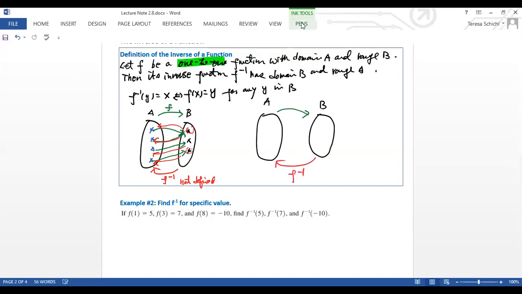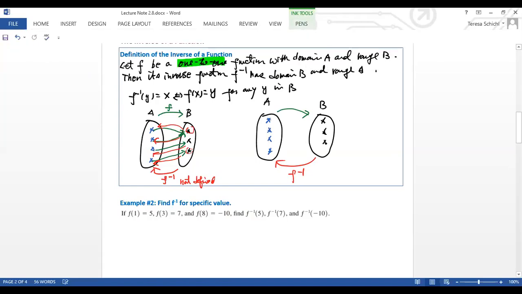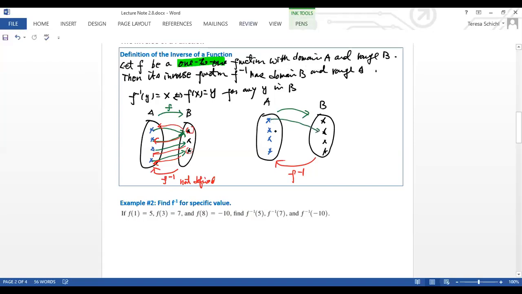Okay, so now let's take a look at this relation. If I have 1, 2, 3, 4 here and 1, 2, 3, 4 here. If you have f, these ones go here, this one goes here, this one goes here.